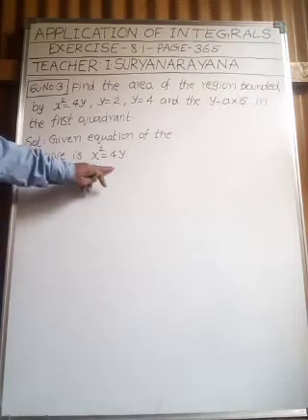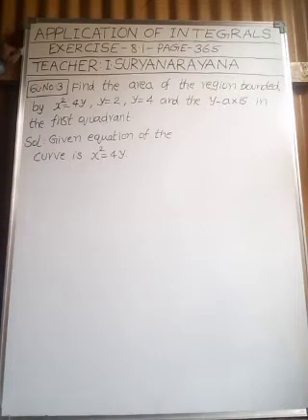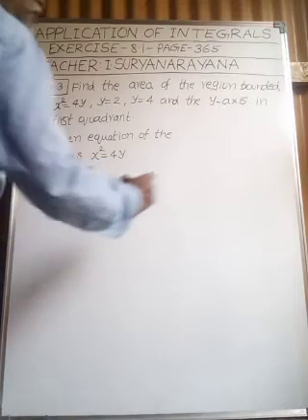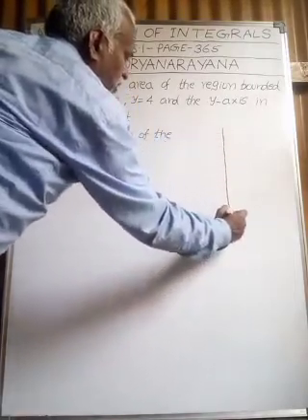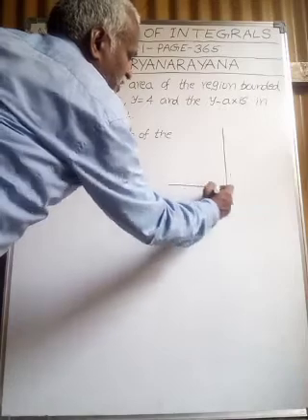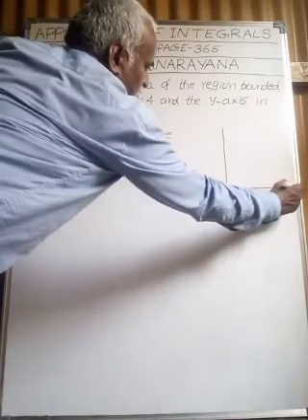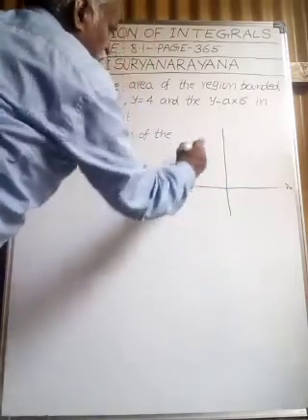Here, x square is equal to 4y. It represents a parabola. It is symmetrical about the positive y-axis.